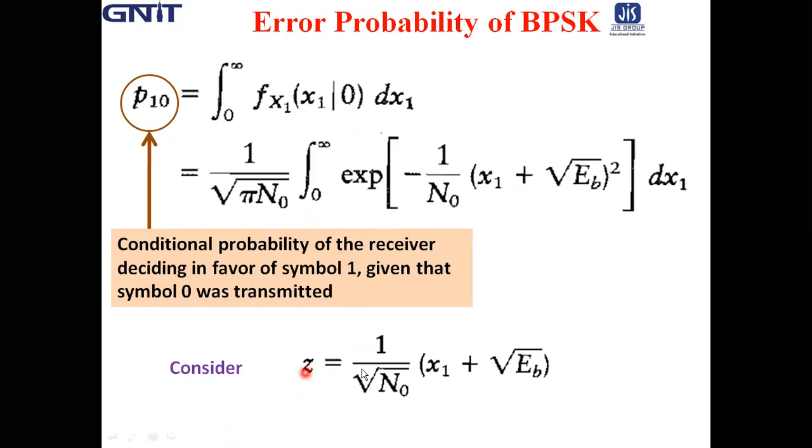Consider that z equal to 1 by root over N0 (x1 plus square root of Eb).